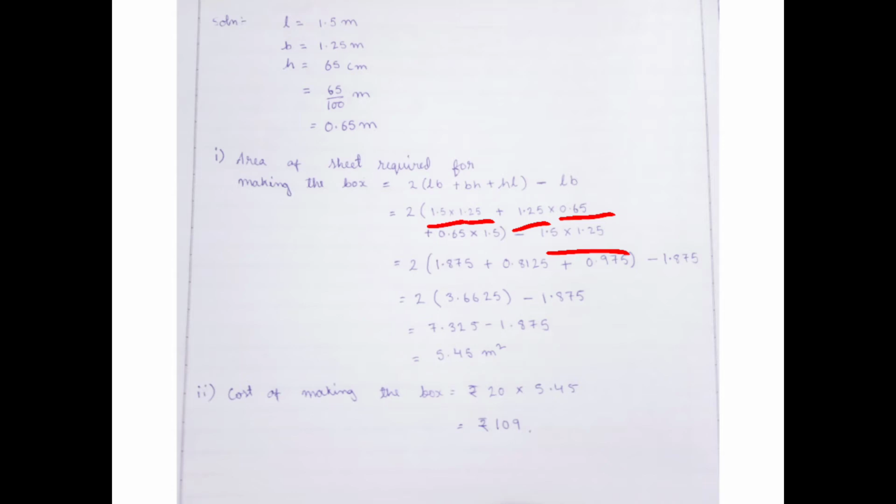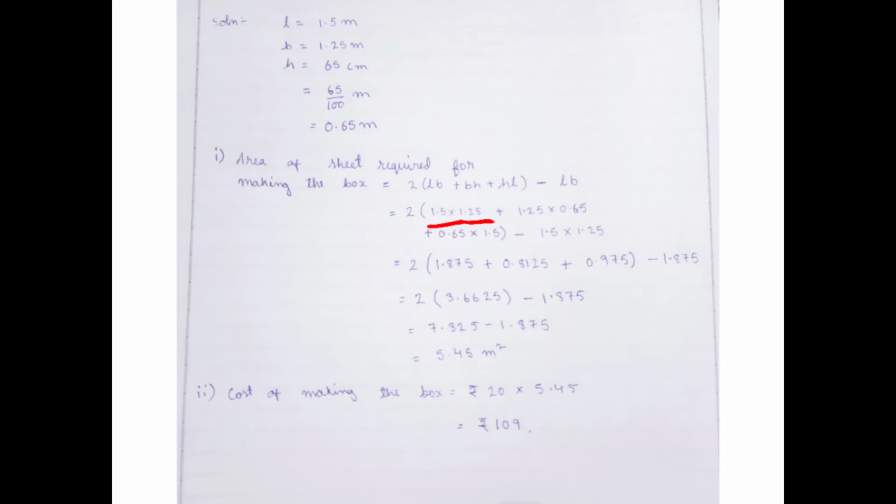Now if you multiply 1.5 and 1.25, you will get 1.875, plus if you multiply 1.25 and 0.65, you will get 0.8125, and if you multiply 0.65 and 1.5, you will get 0.975. Again, if you multiply 1.5 and 1.25, you will get 1.875.